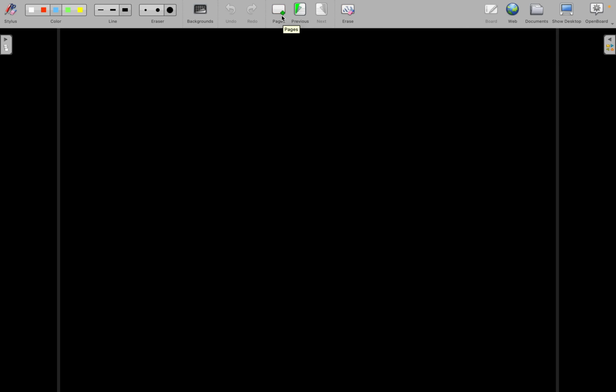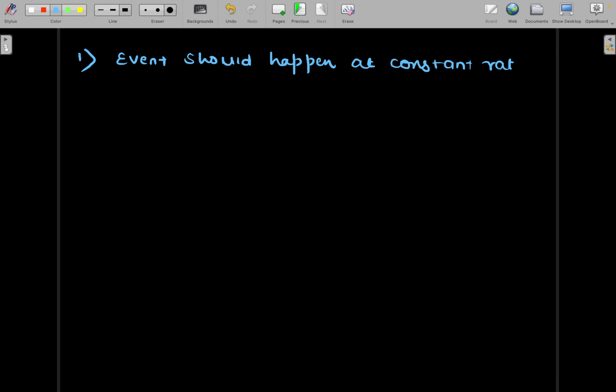The first condition is that events should happen at a constant rate, which we denote with lambda. In the real world, if it doesn't happen at exactly a constant rate, and it is approximately at a constant rate, it's good enough.